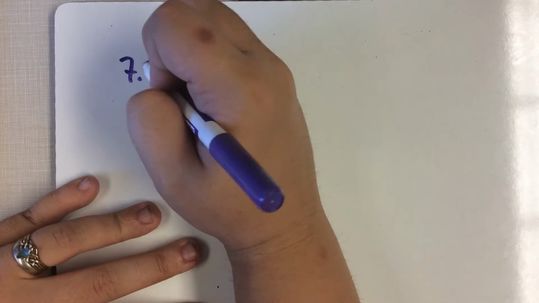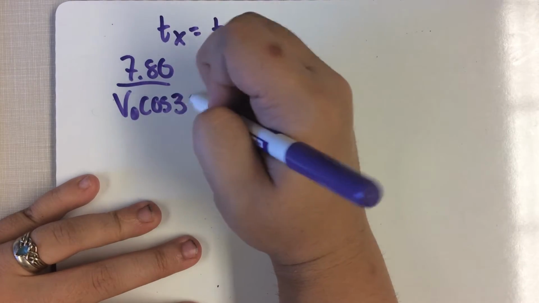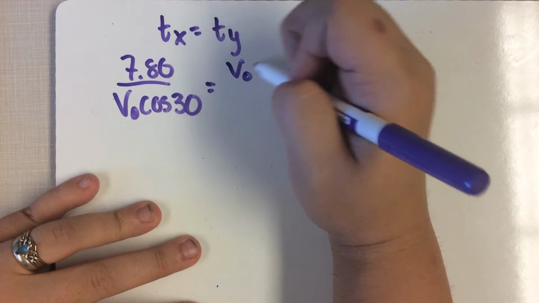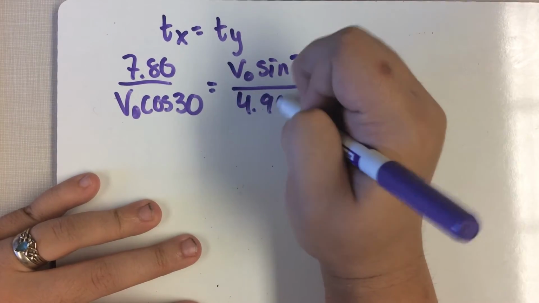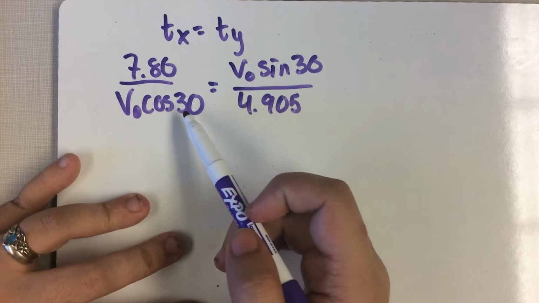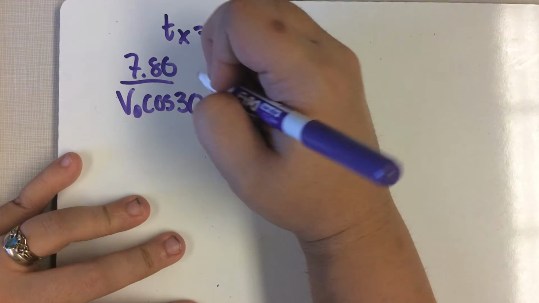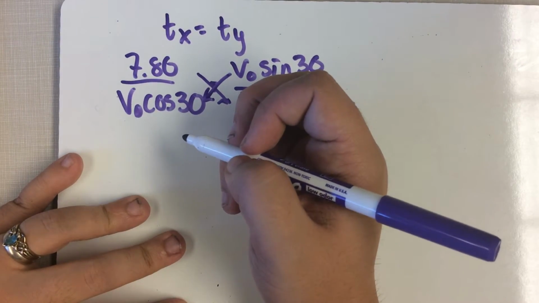That's 7.8 over v naught cosine 30 equals v naught sine 30 over 4.905. Let's go ahead and solve this for v naught. So I cross multiply.